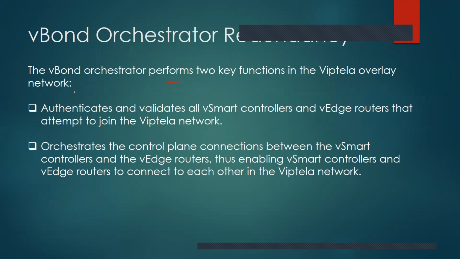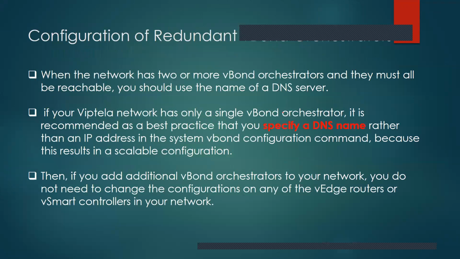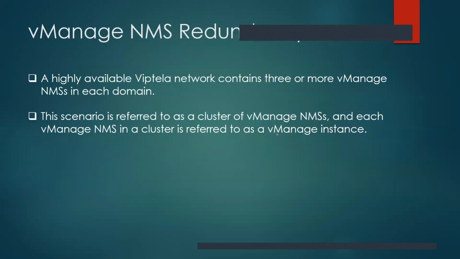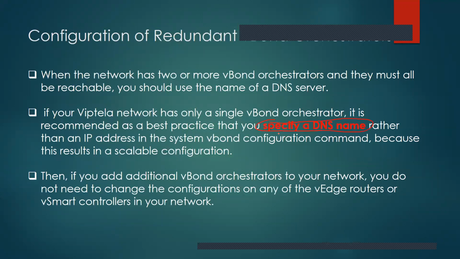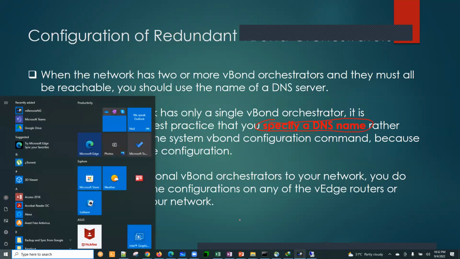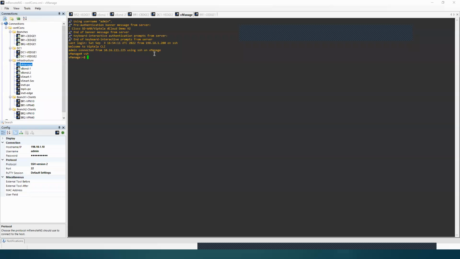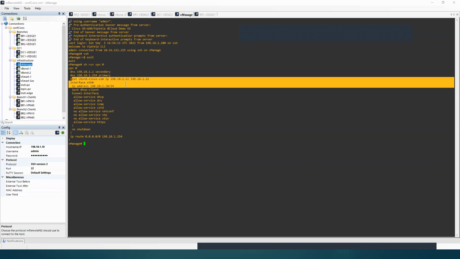So for vbond, just now we have discussed how they are doing the redundancy. We can specify a DNS name, and on all the different devices we can do the configuration related to that DNS. We have checked this configuration inside the device, but if you check vManage inside VPN0 itself, you can see this host configuration again.